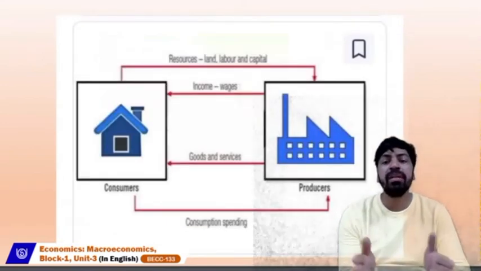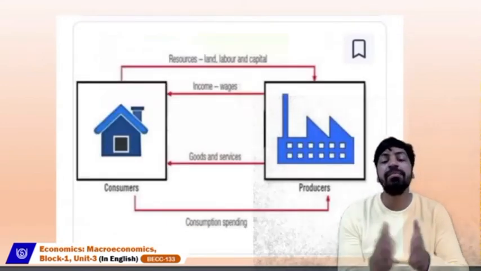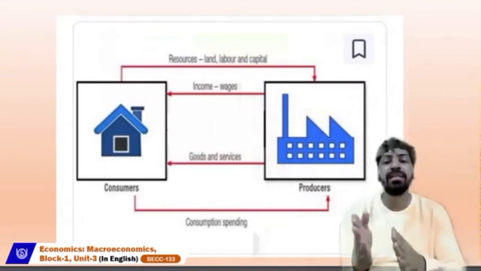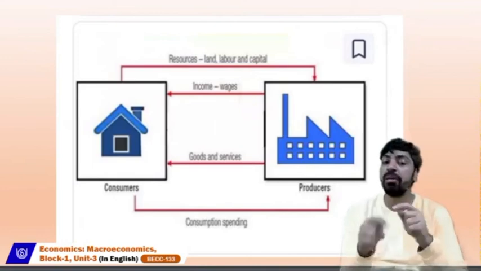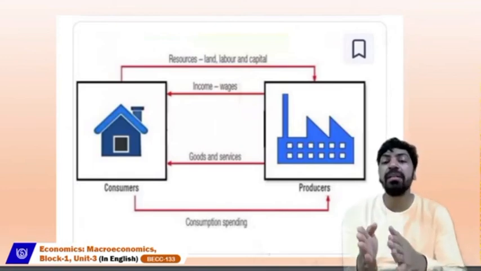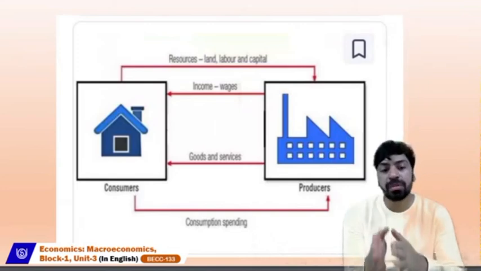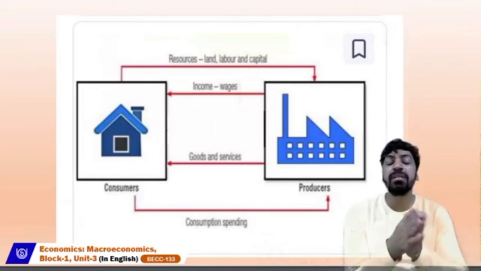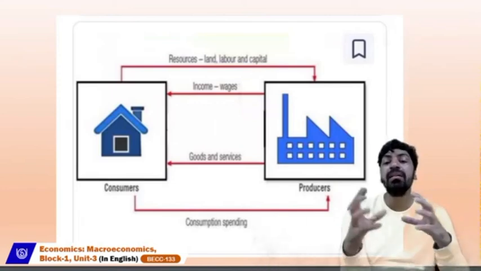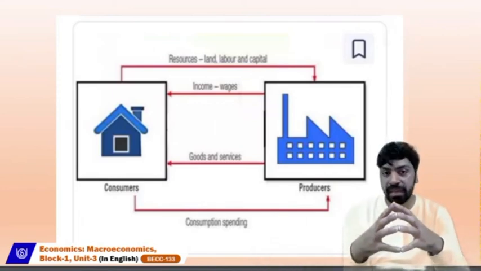This is the diagram that I have explained in words. These are the consumers, and these are the producers. In the circular flow, the consumers are the households, and the producers are basically the firms or business organizations.